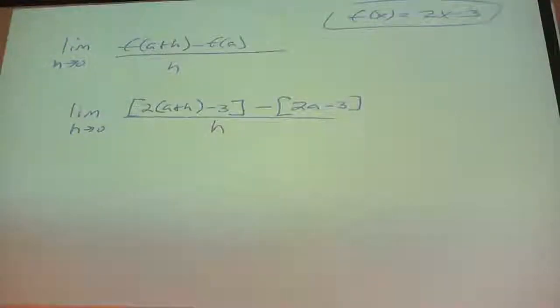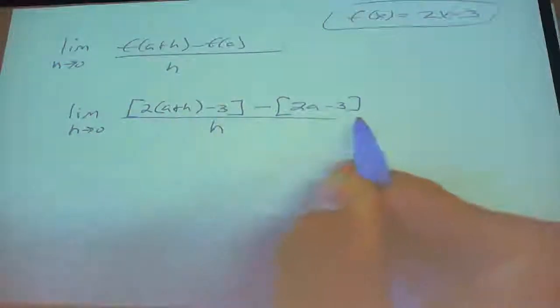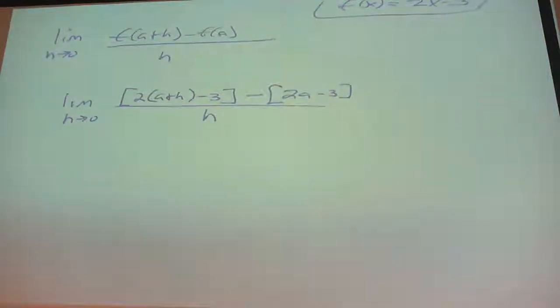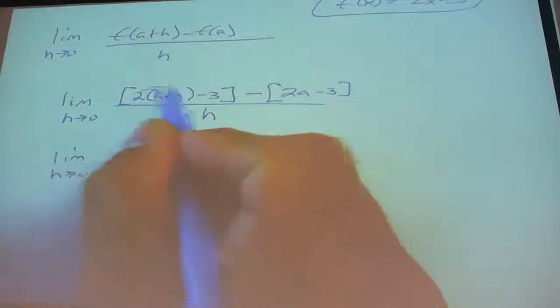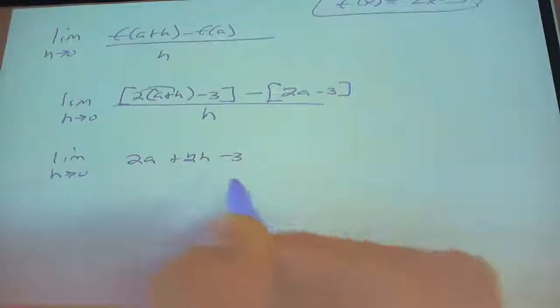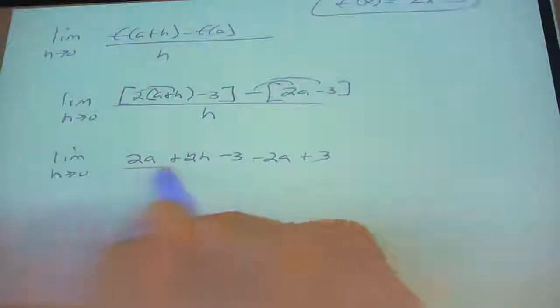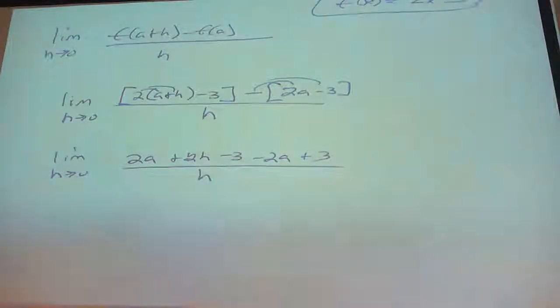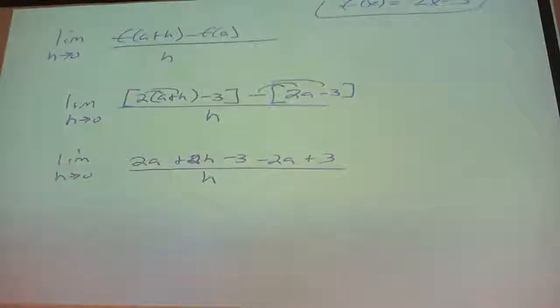Don't you want to simplify first? But that's what we're going to do. We're going to simplify first. But to this lesson, 0 is going to be an issue in the numerator. I'm going to take it all the way and give you a little bit of the future. So if we clean this up, the limit as h approaches 0, 2a plus 2h minus 3, minus 2a plus 3, all over h. Algebra, algebra, algebra.